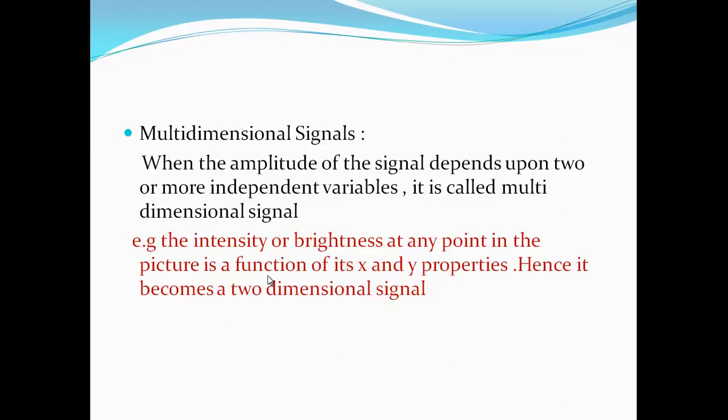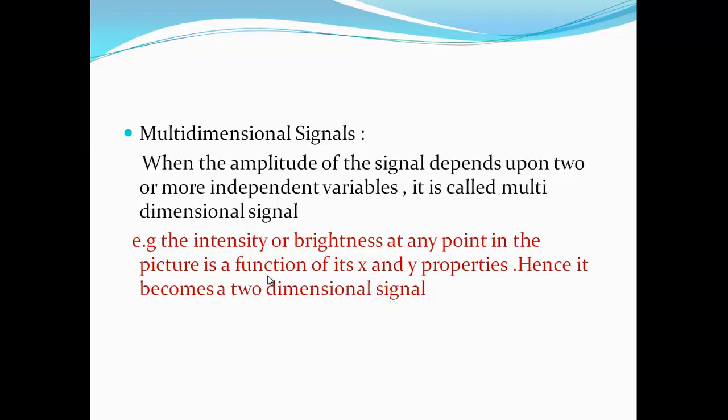Similarly, you have a graph. Don't get confused. It depends upon x, where x is one factor, and y is intensity or luminosity. So it depends upon two factors, two conditions.